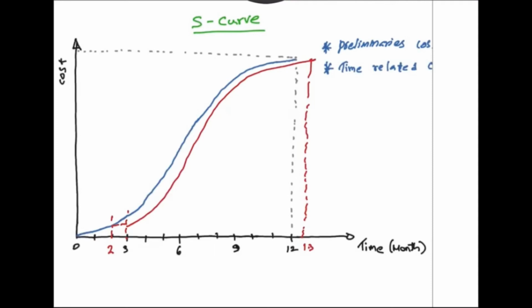That means some things like staff cost. He has to keep the staff at a minimum to continue the project, but he could not progress on site.